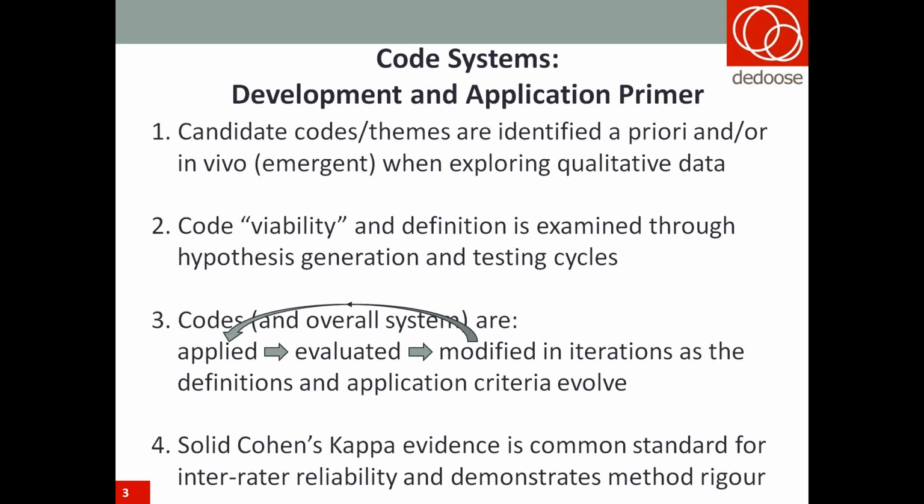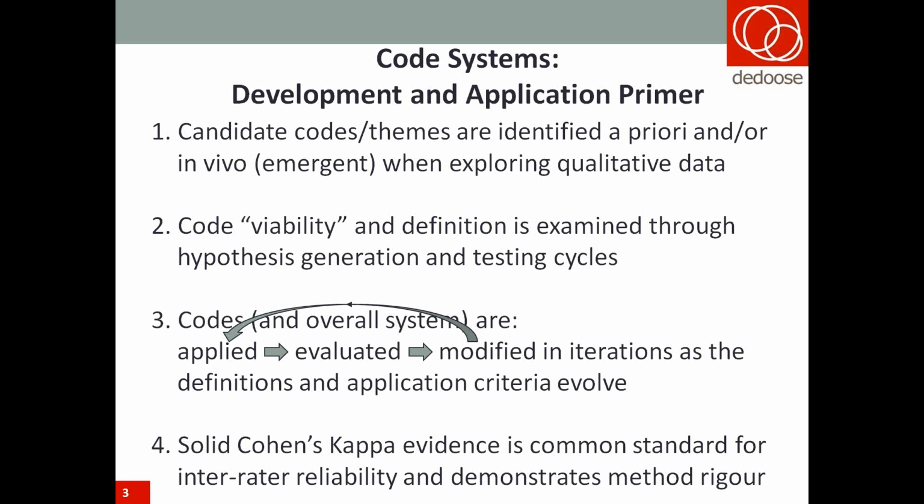I come from a little bit of a different background, and the answer to how to develop your codes depends on a lot of factors: the structure of the data and the approach you take to collecting it. Is this just open-ended narratives? Are these field notes? Are these structured questions? In most of the work in our lab at UCLA, we go into the field with some broad questions for our research participants.